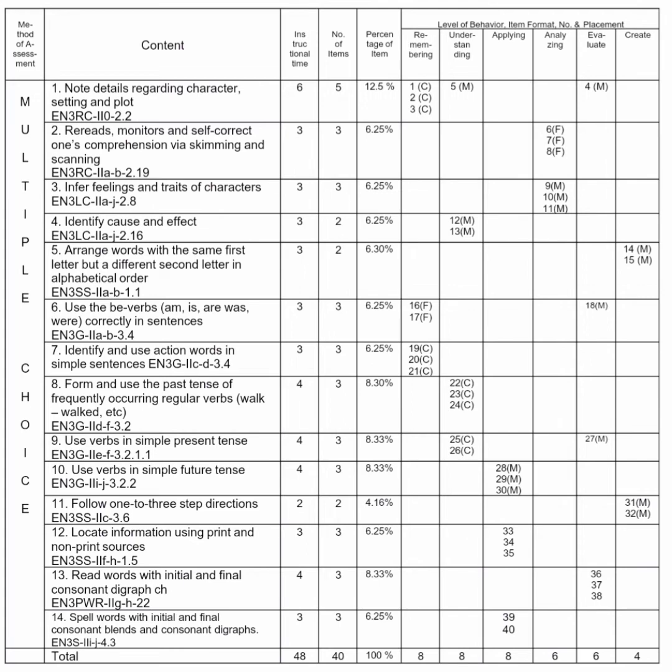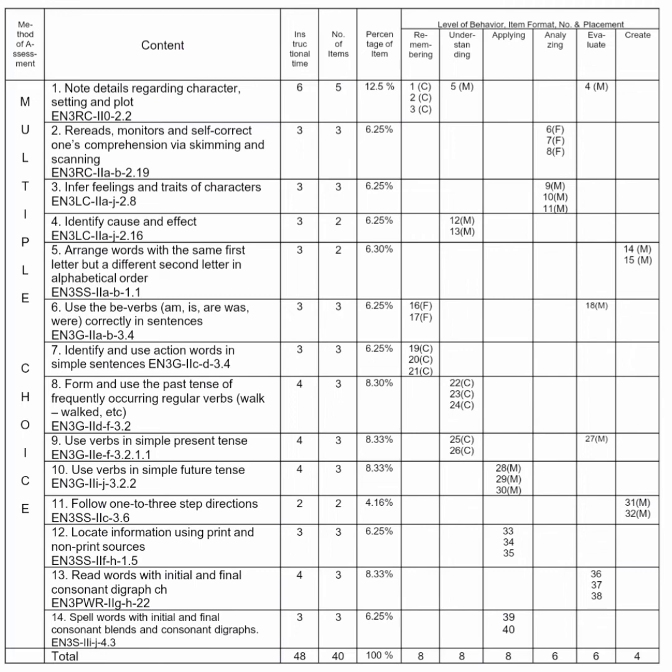The next thing you'll do is to find out how many items are allotted to each content. In order to determine the number of items per content, you need to solve it using this formula. Number of items per content equals total number of items, which in this example is 40 items, divided by the total number of days or hours, which is 48 hours for this specific example, then multiplied by the number of days or hours the content was taught.